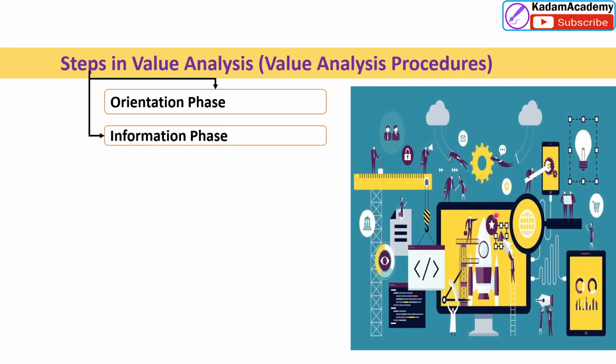After the orientation phase comes the information phase. What is the information phase? After clearly identifying what is to be accomplished by this team, all relevant information is gathered: drawings, technical specifications, manufacturing processes, detailed cost breakups, performance or failure reports, previous reports, the quality required, standards, and procurement or production problems that may occur.